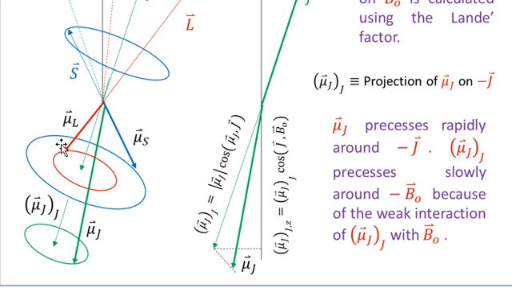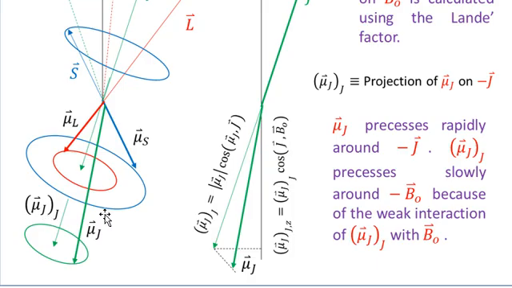Now similarly, look at the tip of the vector mu L, which is the orbital magnetic moment. Its tip also traces out a red loop, and it means that mu L also carries out a precessional motion about the vector which is passing through its center, and this vector is mu jj.